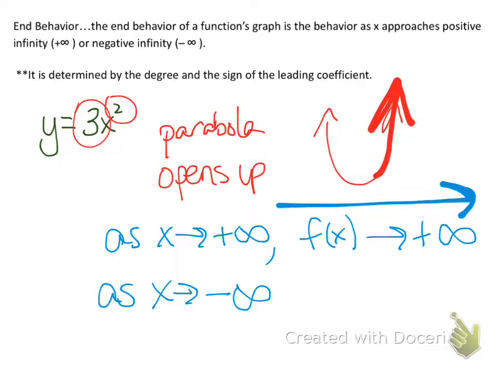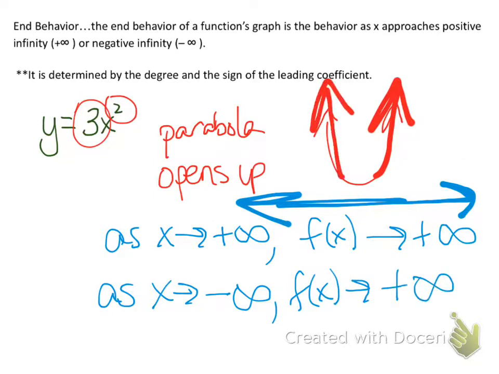As x approaches negative infinity, in other words, the left end of the graph, what is the function doing? Well, the function is going up on that end as well. So this is how you would write the end behavior of the function. And so what does this mean? Well, the first thing you're going to look at is the sign of the leading coefficient, which in this case is positive, and it tells you what the right end of the graph does.